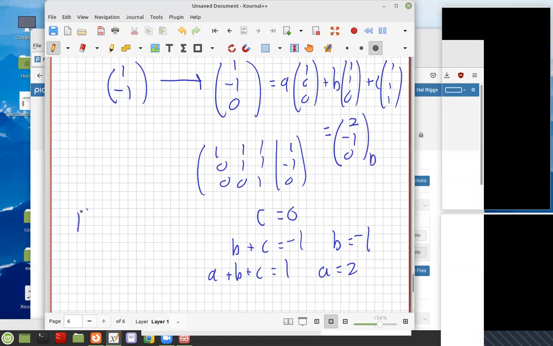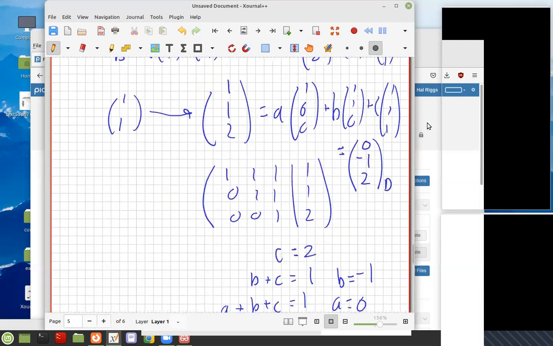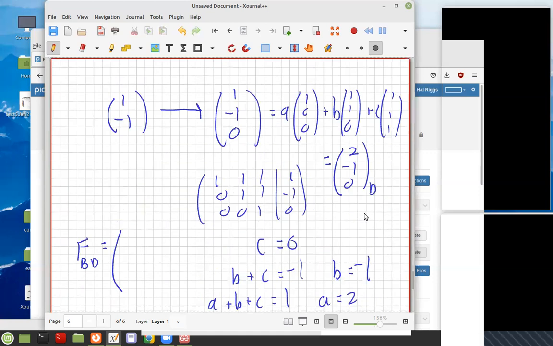So our matrix F that operates on vectors in basis B, taken to vectors in basis D, is going to equal the columns (0, -1, 2) and (2, -1, 0).